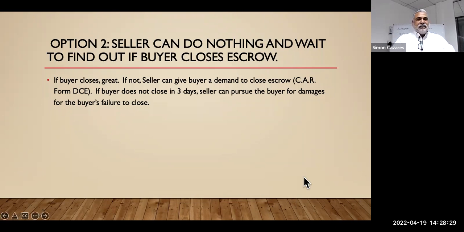The DCE form is only given at the time of close of escrow, meaning that if the date of close of escrow is May 15th, and the buyer has not performed or closed on May 15th and has not asked for an extension of time to close, then that's when the seller can send the demand to close on that date or 2 days prior to the date, but it still gives the buyer 3 days to perform.